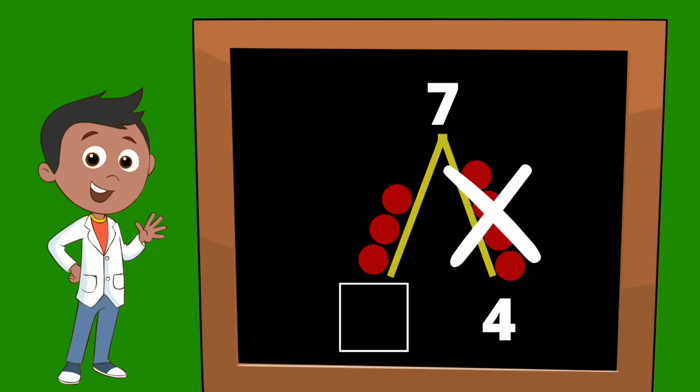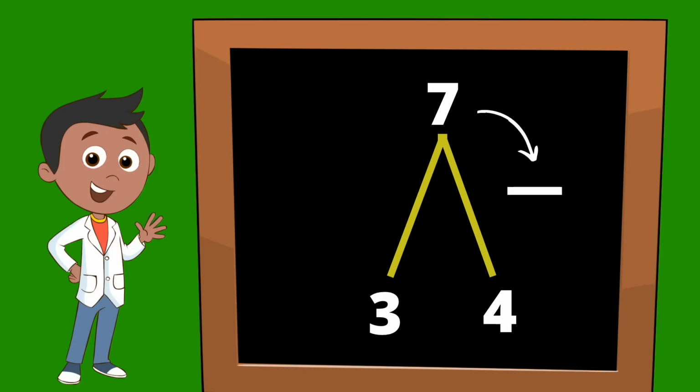So let's count the number of circles we have on the left side of our math mountain. 1, 2, 3. We have 3 circles on the left side of our math mountain. That means our mystery number that goes in the square is the number 3. So 7 minus 4 must equal 3.